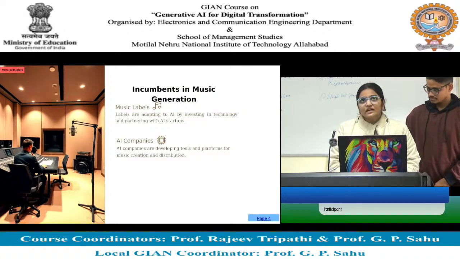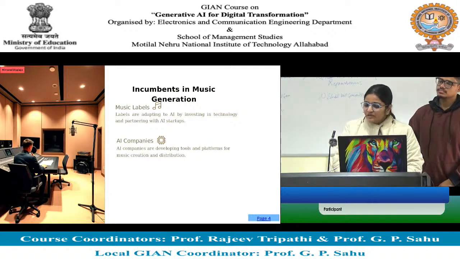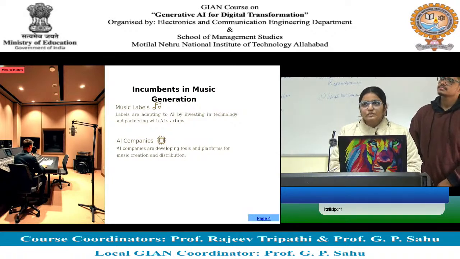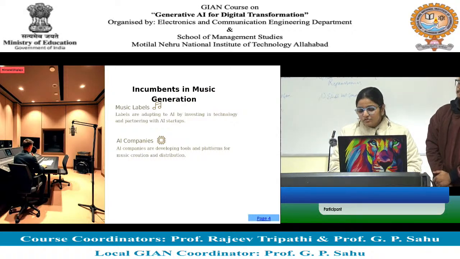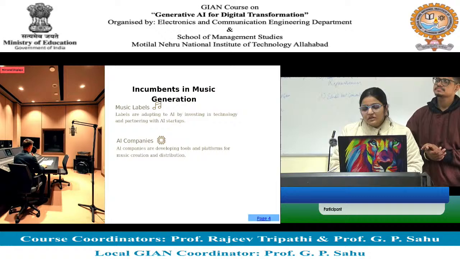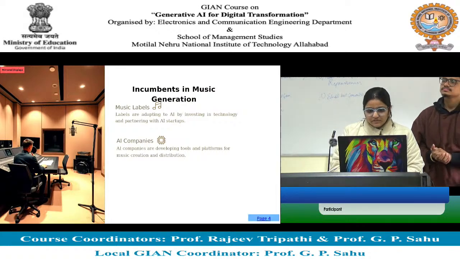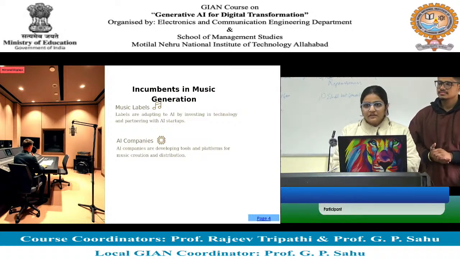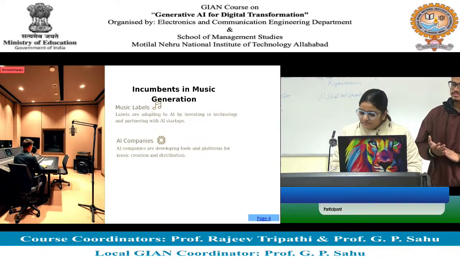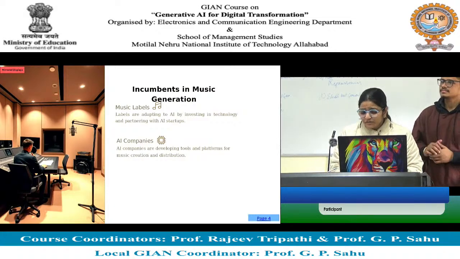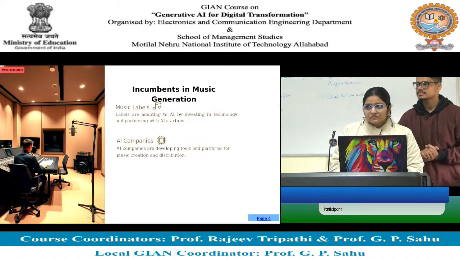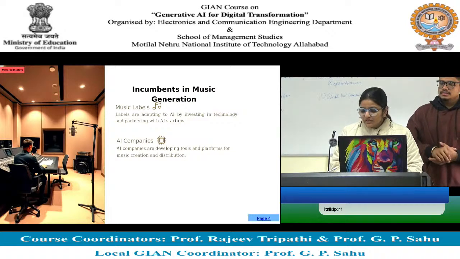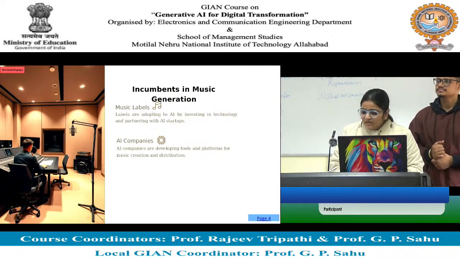These AI tools, or generative AI, are used to analyze streaming trends, predict hit songs, and optimize marketing campaigns. Some of the most renowned companies adapting generative AI in music composition are Warner Music and Universal Music.